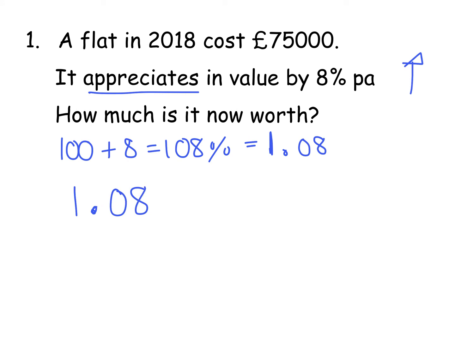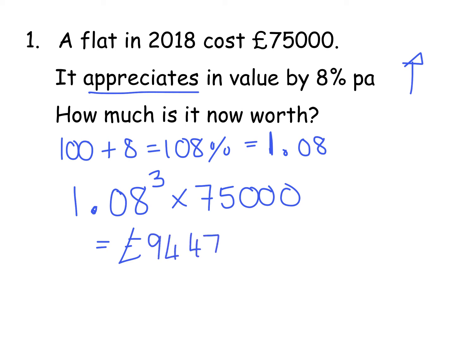Well, 2018 was 3 years ago, because I'm making this video in 2021. So that means it's got a power 3 again. And then I times that by the money, which is the 75,000. And I get my answer of £94,478.40.